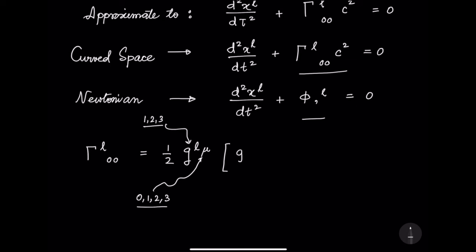So I have two G's here with plus and one G with minus. This last one will be G00 comma mu. And here it will be G0 mu comma 0, and again G mu 0 comma 0, which is the same as G0 mu comma 0. But remember that our metric is only a function of the spatial coordinates. It's not a function of the time coordinate. So these derivatives go to 0.